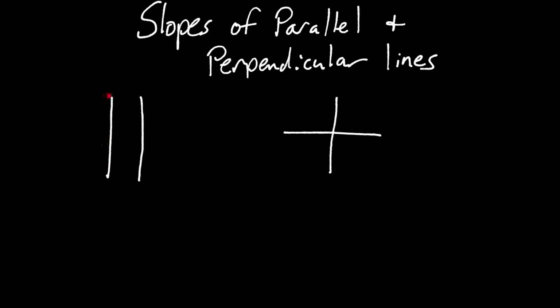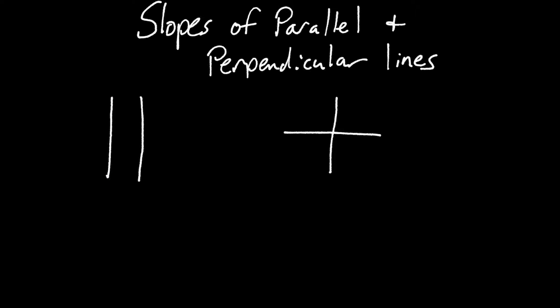This picture shows two up and down lines. If they were perfectly drawn, they would be exactly the same, perfectly up and down, and we would call these parallel lines, because if we were to extend these lines out forever, they would never intersect each other, and that is what parallel lines are all about. They will never intersect.